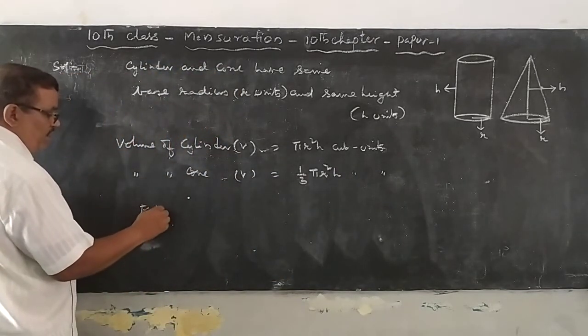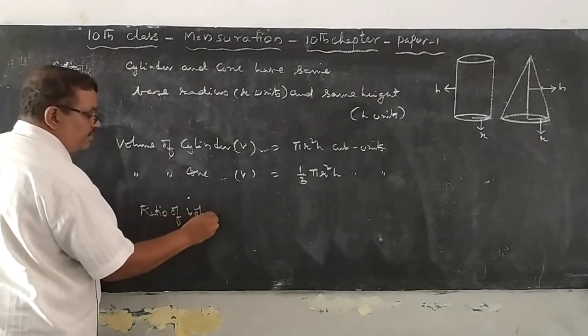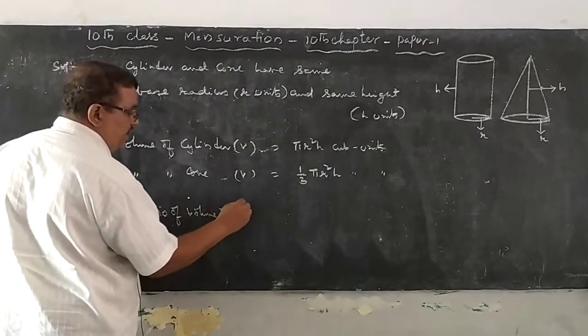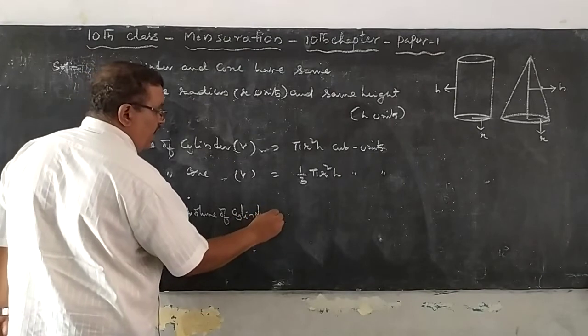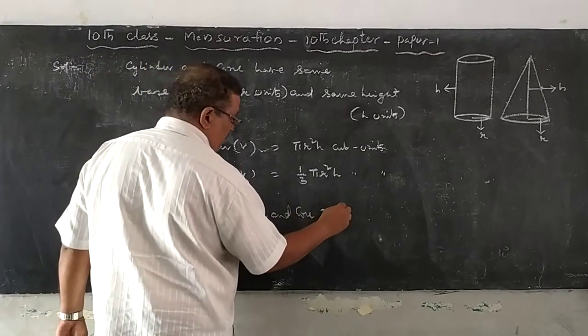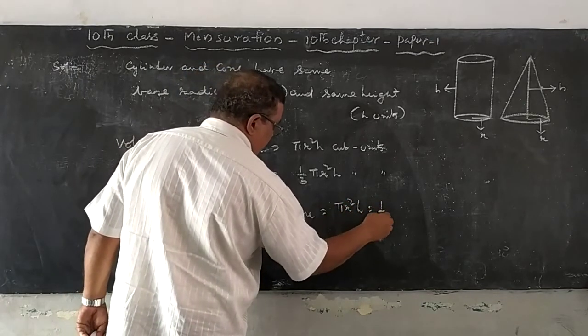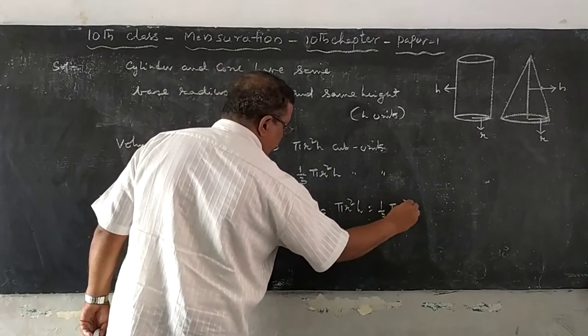Ratio of volume of cylinder and cone is equal to pi r square h is to 1 by 3 pi r square h.